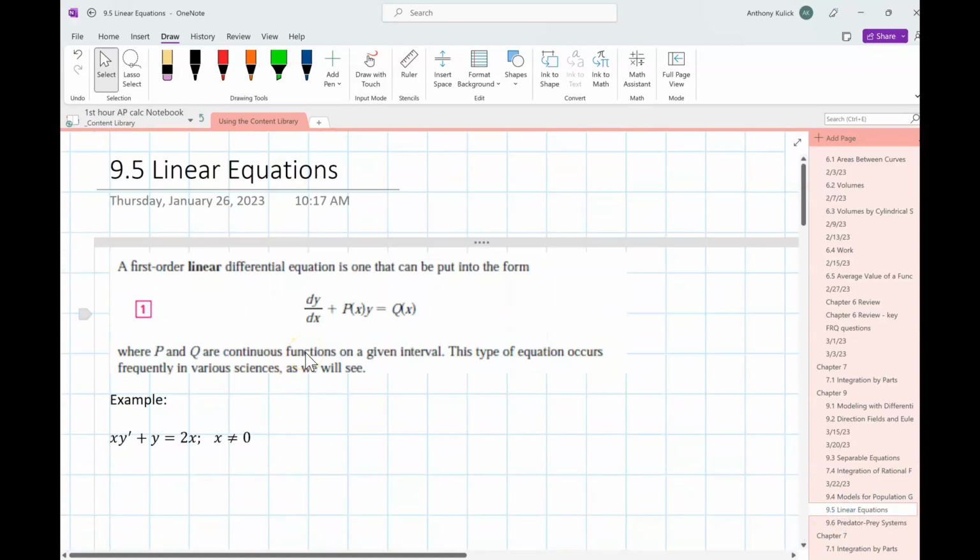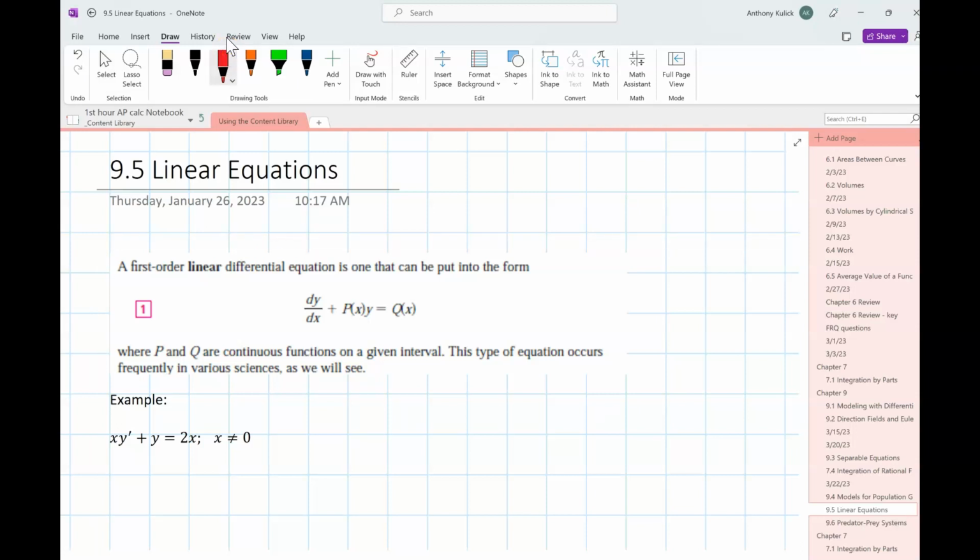I want to do 9.5 today, given that we just spent half an hour or whatever burning through some questions. 9.5 is a little more straightforward in terms of what I have to show you guys to be able to do this. So I'd like to start there, because I think that'll be a little bit easier to do in the class time we have remaining.